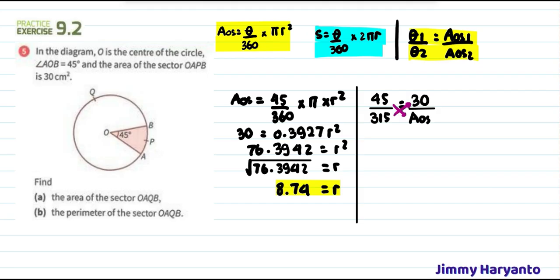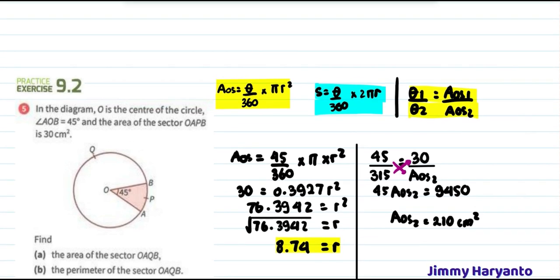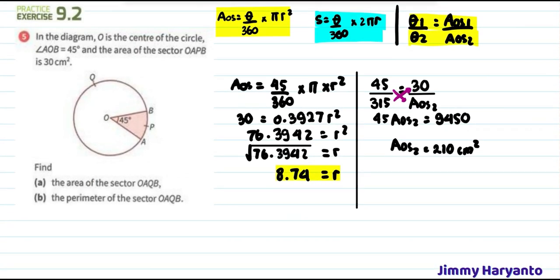So cross multiply like that: you'll have 45 times AOS2 equals 30 times 315, which is 9450. So AOS2 equals 9450 divided by 45, which is 210 centimeters squared. Okay, so this is the answer for question A.